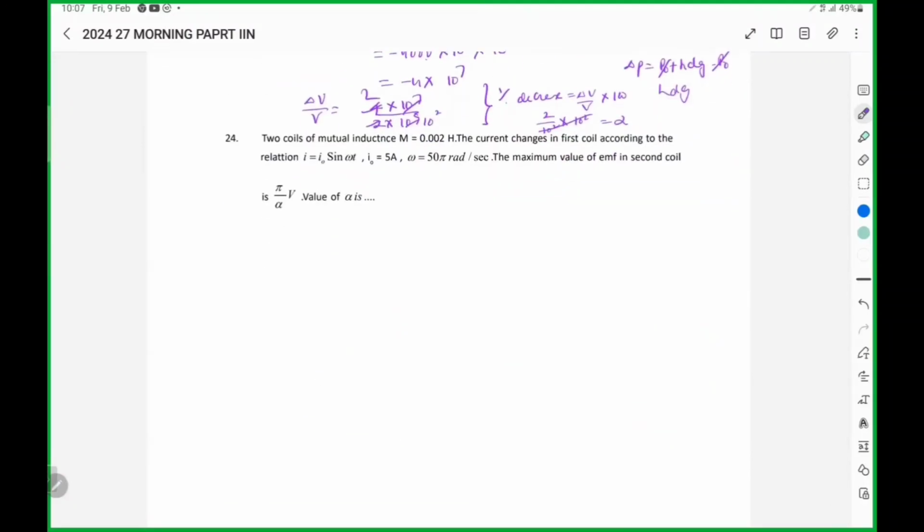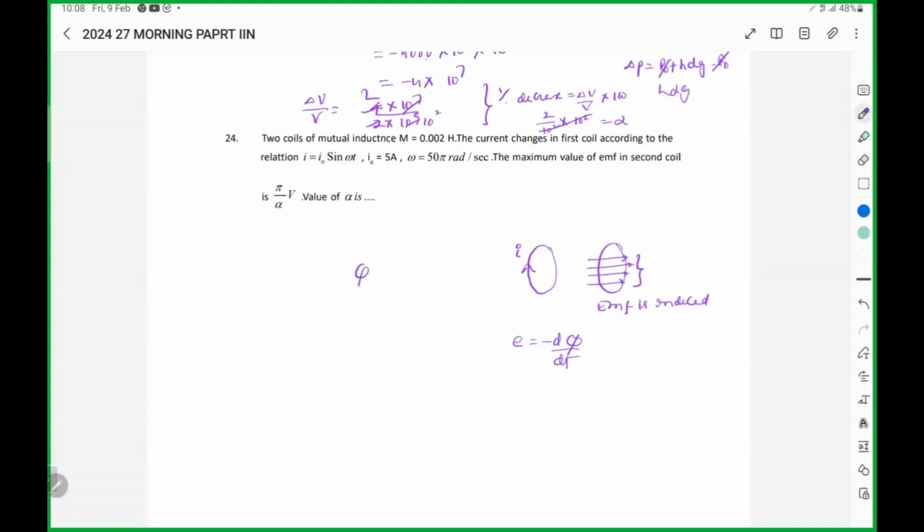Here, two coils of mutual inductance. The current changes in the first coil, there will be change in the flux. Once there is a change in the flux, EMF is induced. That induced EMF is equal to minus d phi by dt.